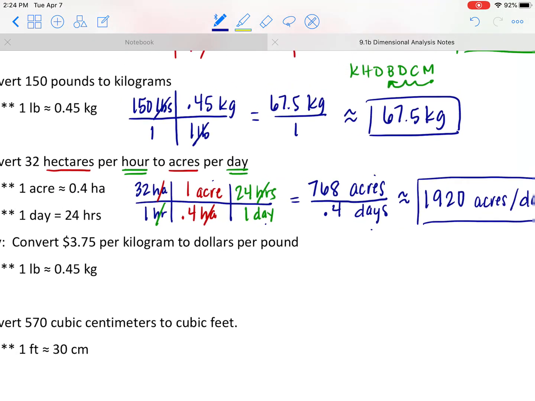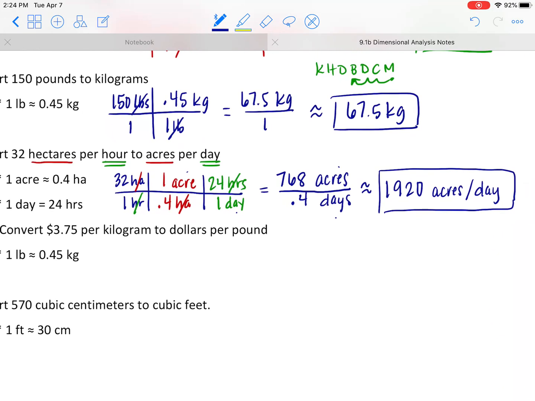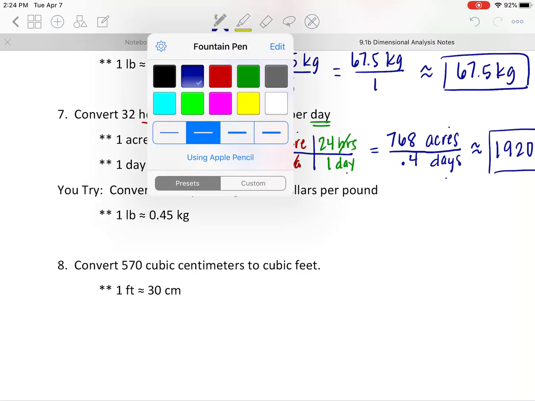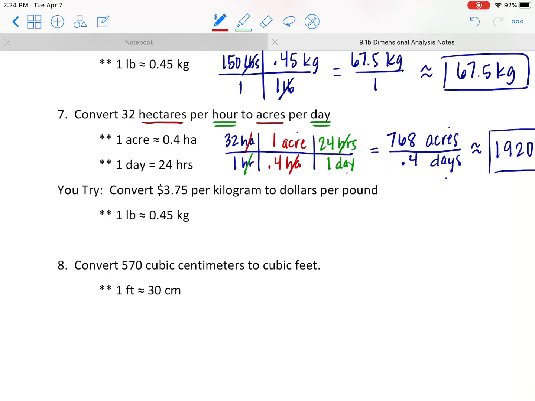This was approximate because the conversion from acres to hectares or vice versa is an approximation. So if, let's say, you're a farmer and you're farming 32 hectares per hour, that would be equivalent approximately to farming 1,920 acres per day.